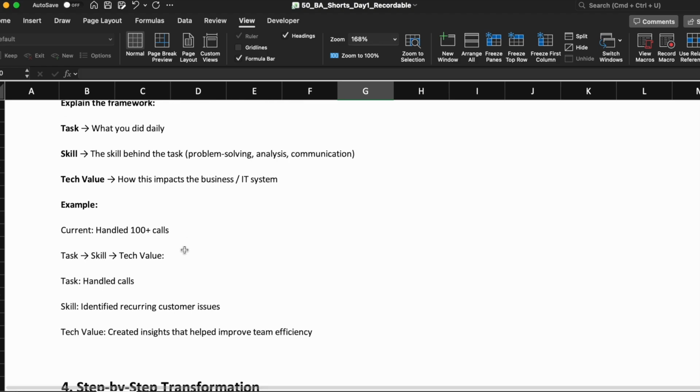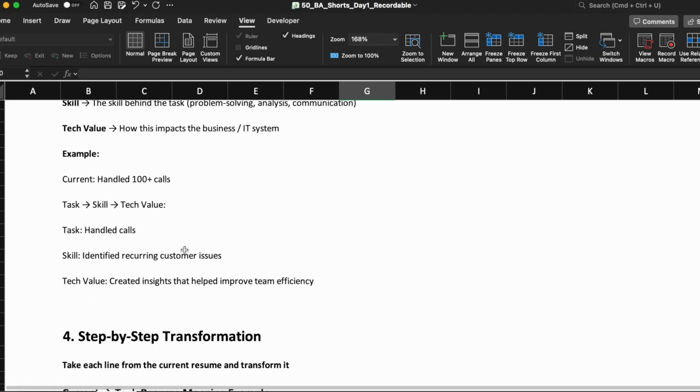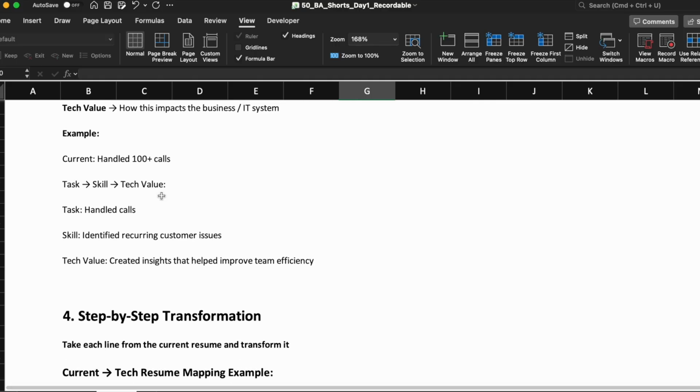So for example, your current responsibility: handle 100-plus customer calls, inbound and outbound calls. The task is handling calls, the skill is identifying recurring customer issues, and the tech value is created insights that helped improve team efficiency.